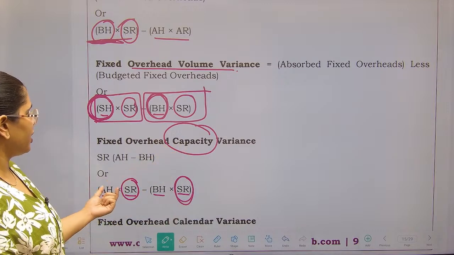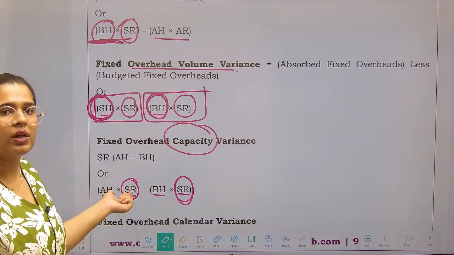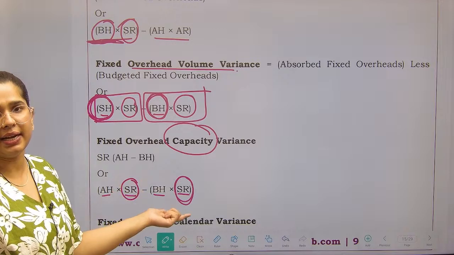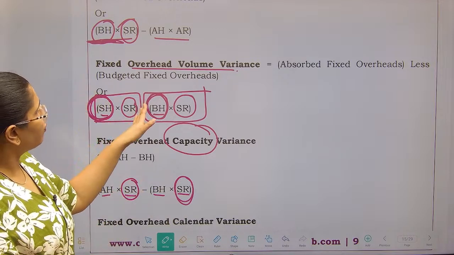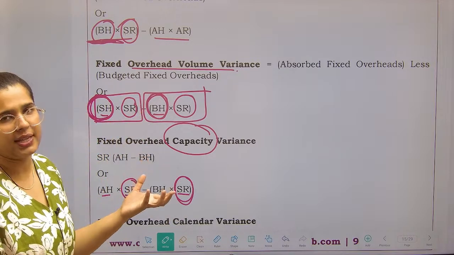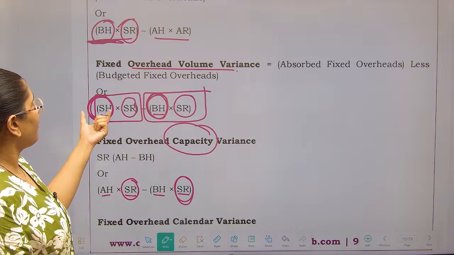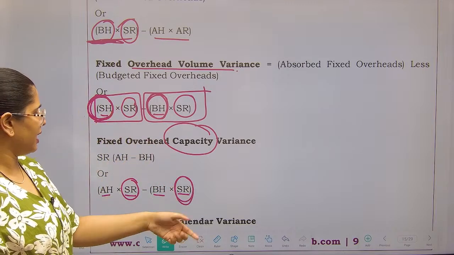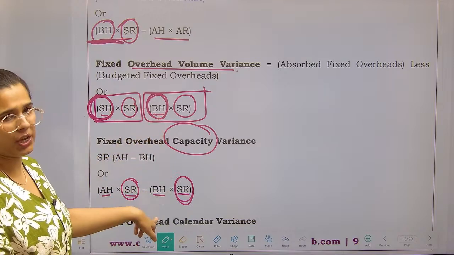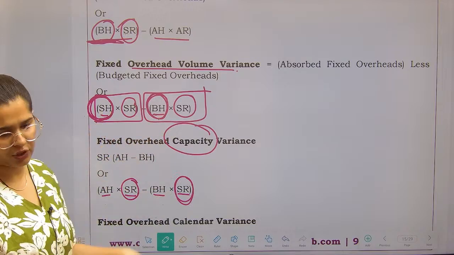Capacity utilization के लिए you are trying to keep the actual hour, you compare with the budgeted hours. And in the overhead volume variance, you are trying to compare the standard hour with the budgeted hour, right? Budgeted hours दोनों में ही पीछे है और यहाँ पे पहले standard है और फिर actual है.